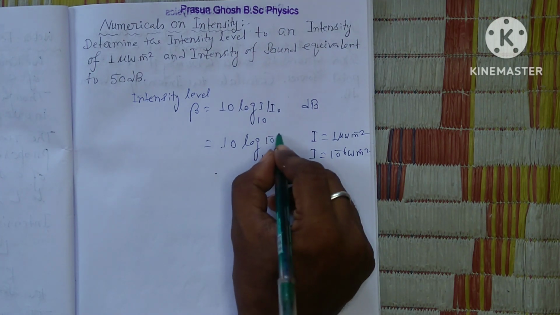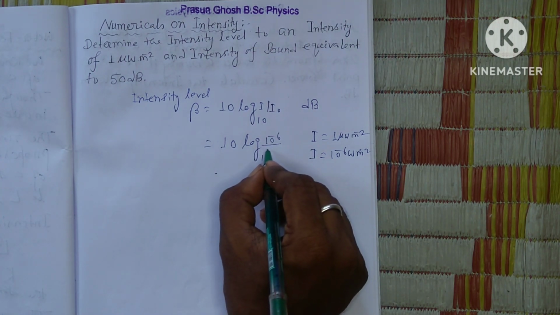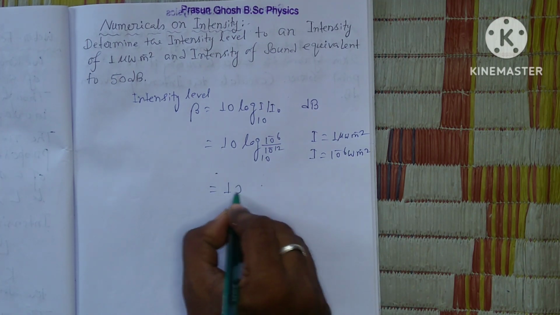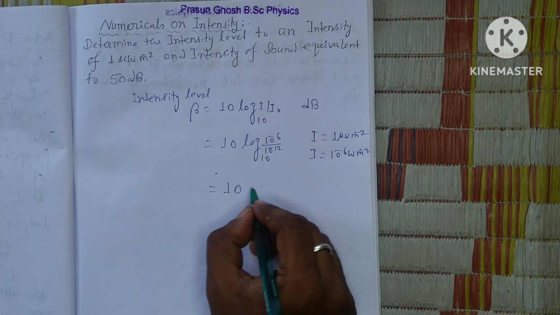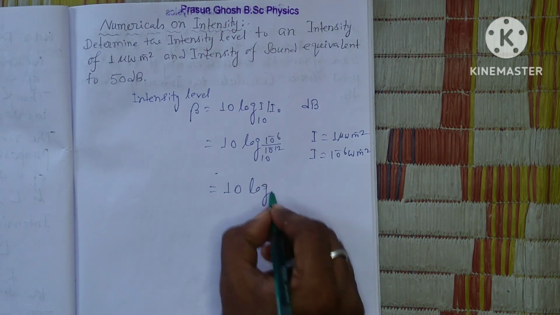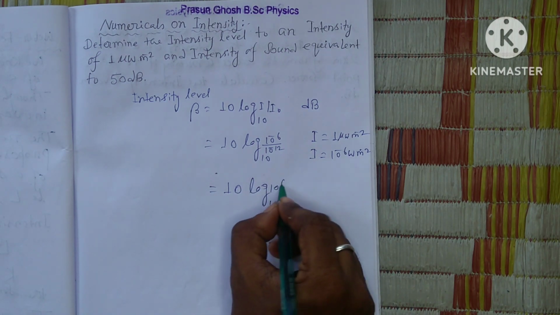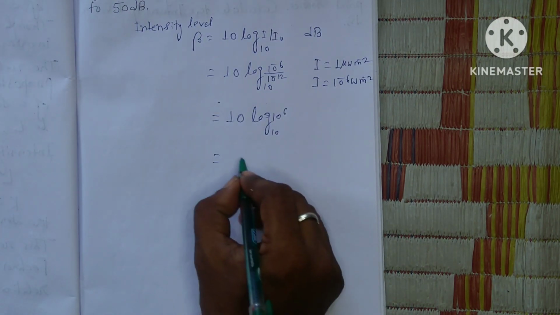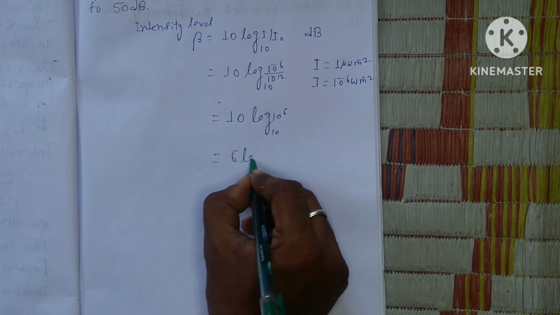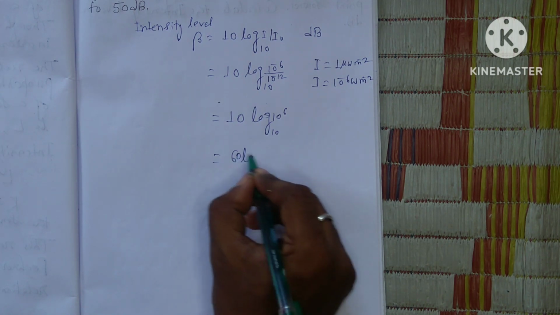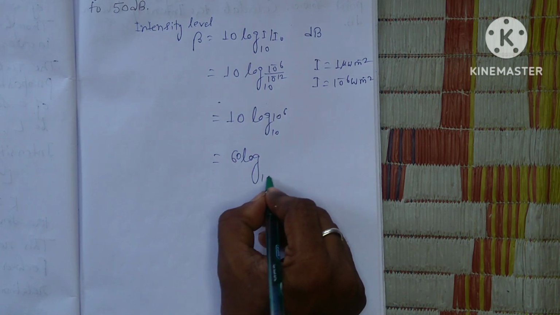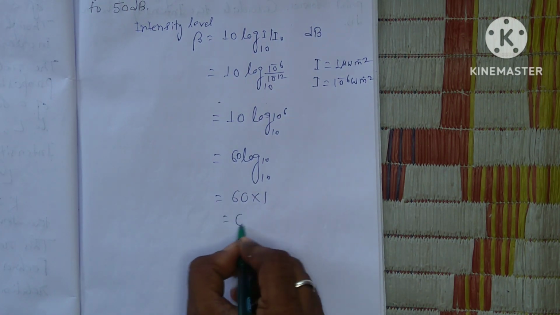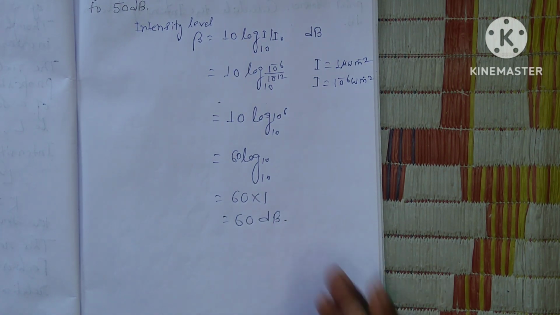So 10 to the power minus 6 by 10 to the power minus 12. So we can write that as 10 to the power 6. So that is 6 into log, that is 60 into 1, that is 60 decibel.